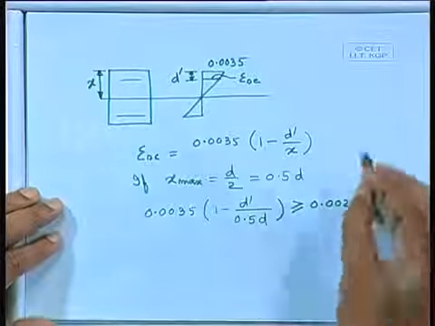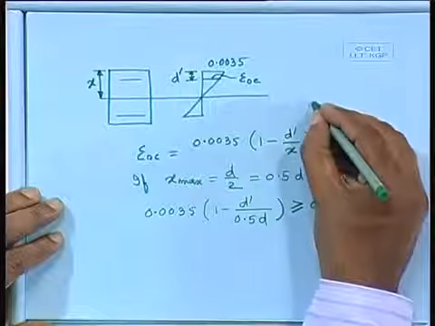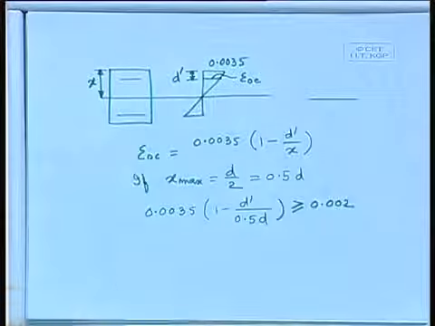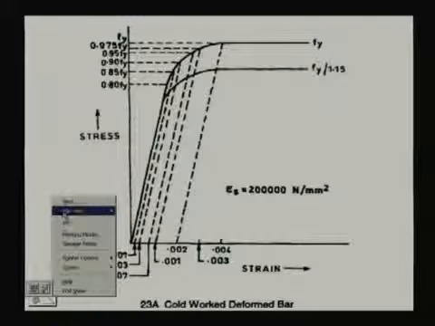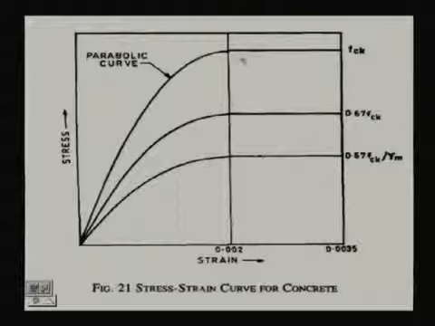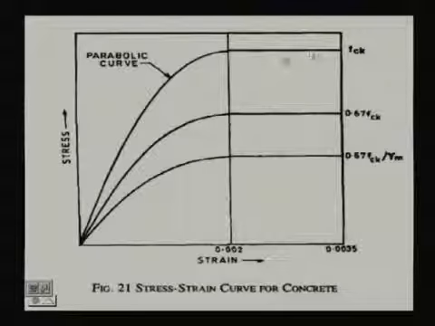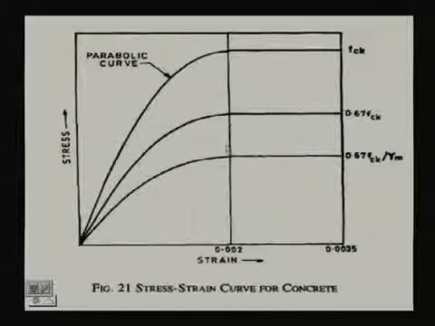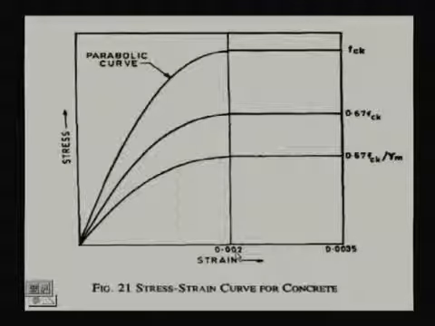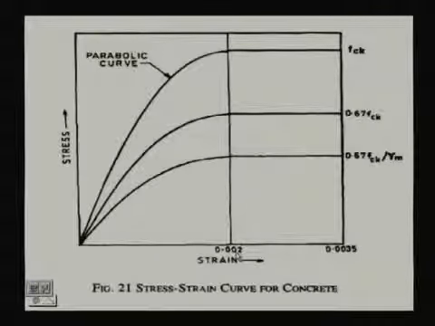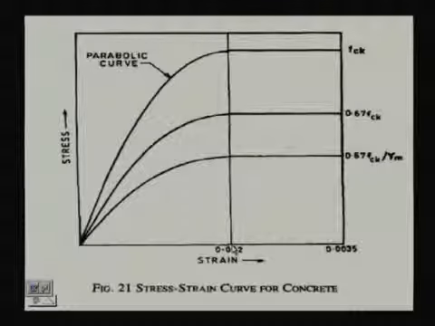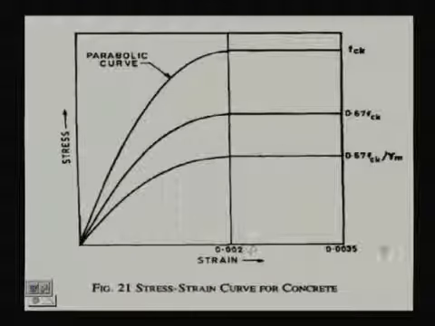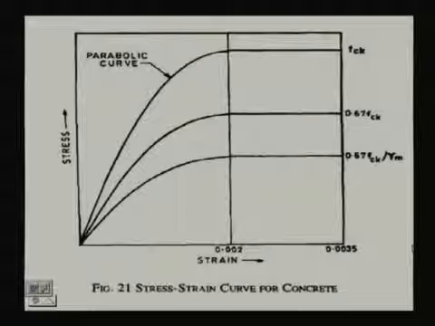Let us draw the stress strain curve. Our objective here: the strain where we are providing the steel reinforcement at d dash, if it is greater than 0.002, what can we get? We can always get 0.45 fck.